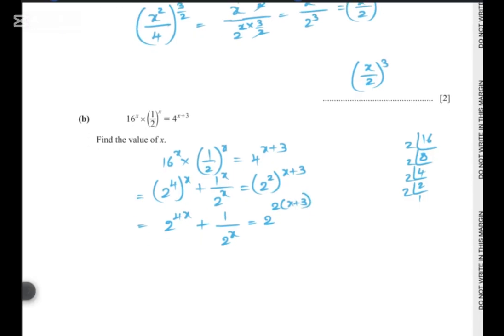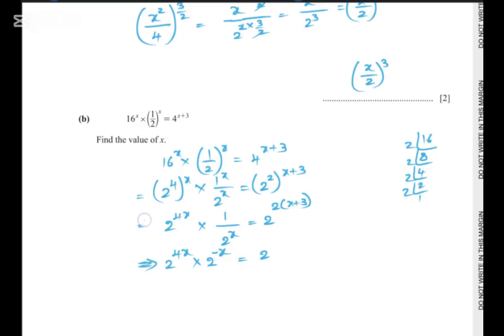Further, if you simplify, this will be 2 raised to 4x. Now this is multiplication. 2 raised to 4x into this, if I bring this 2 raised to x which is in the denominator to the numerator, I will have the power as minus x, and then I open the bracket on the right hand side.